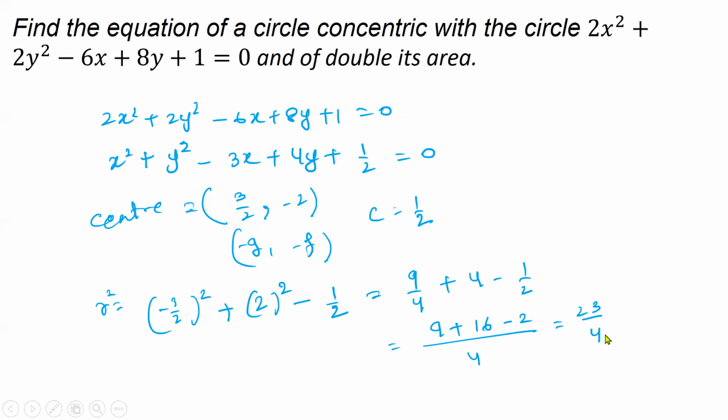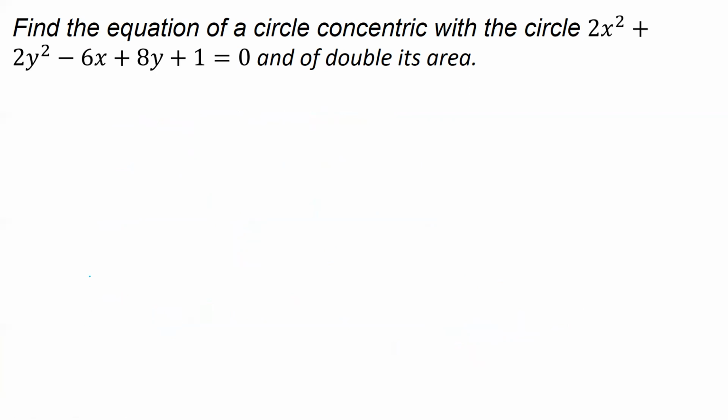So my r squared is turning out to be 23 by 4, and my center is 3 by 2 comma minus 2. Center is 3 by 2 comma minus 2. And my radius squared was 23 by 4.